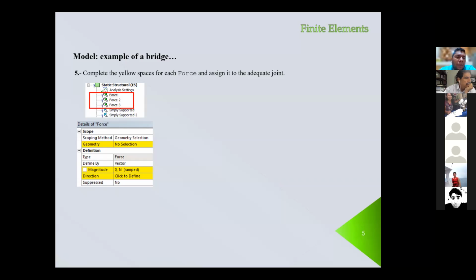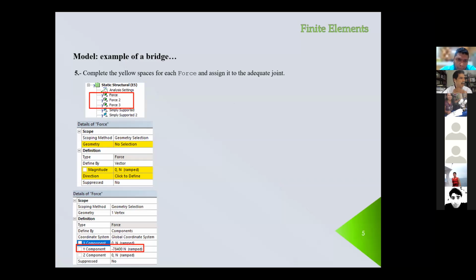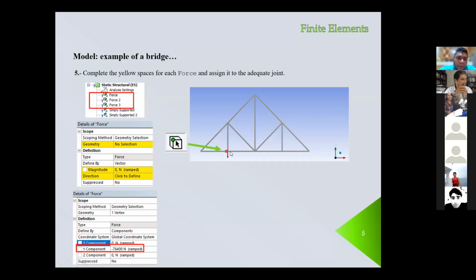So in this case, you have to set up 3 forces in 3 joints, right? For example, for the first joint, you can put the value of the force. Select this point with this icon, and then specify the value using components instead of vector.